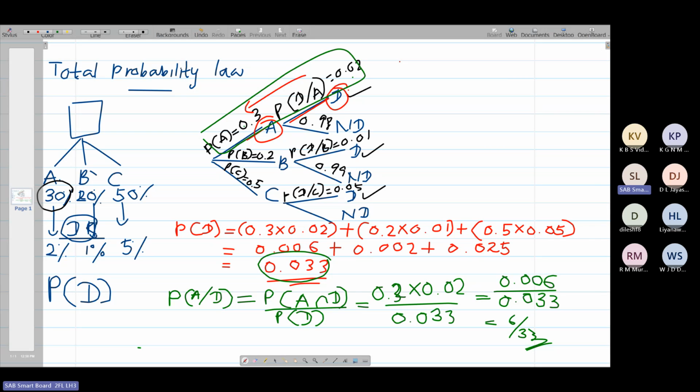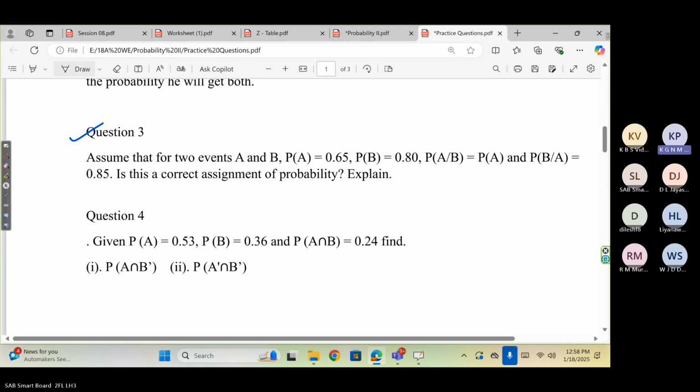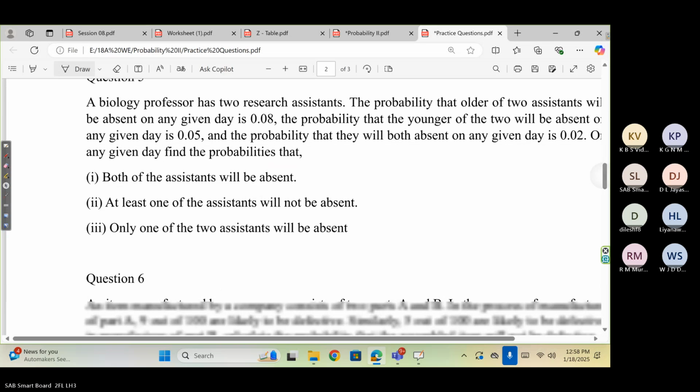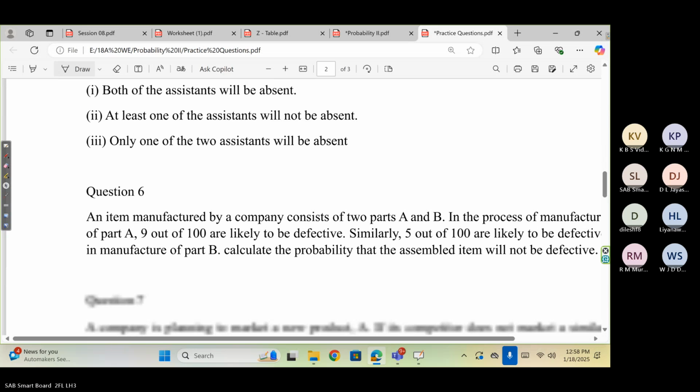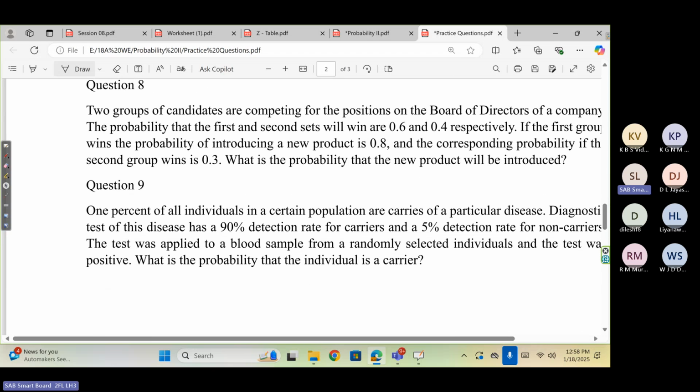Okay, then moving to the questions. Then try question number 8. First read it and draw the tree diagram first.